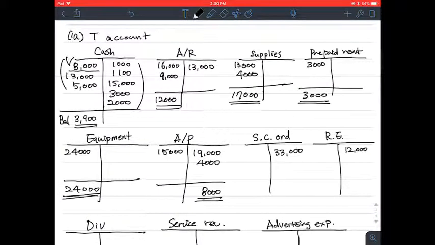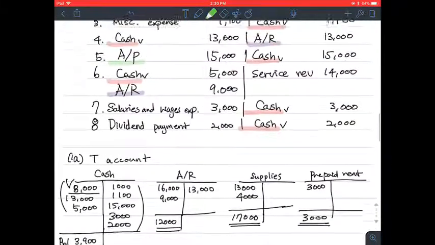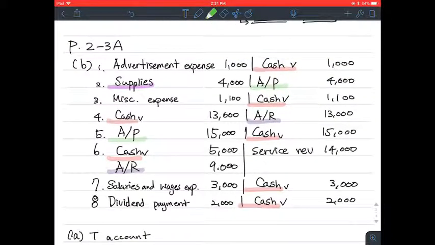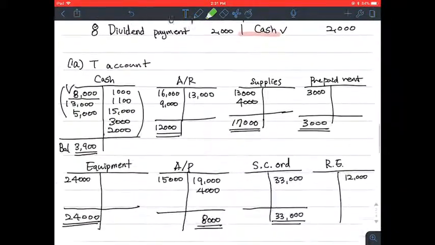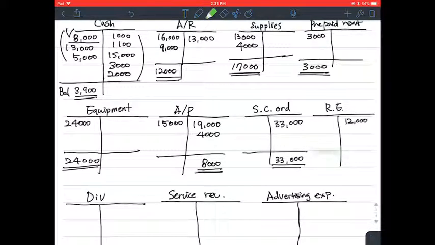For share capital ordinary, there was no issuance of ordinary shares, so it should be equal to $33,000 as it was in the beginning. And for retained earning, some of you calculated the retained earning by doing net income and going through the retained earning statement and putting it into this T account.